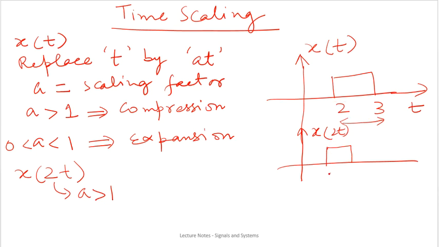So the signal will be from 1 to 1.5. So you can see that this signal is compressed. That is why this is called compression in the signal. Now you can see that the interval is only 0.5 as opposed to this interval where it was 1.